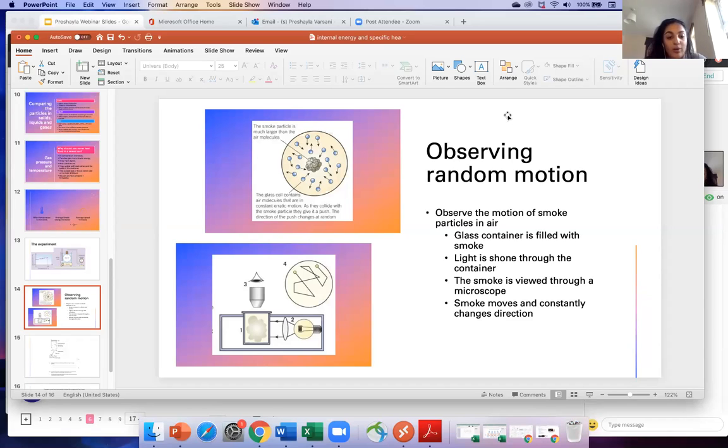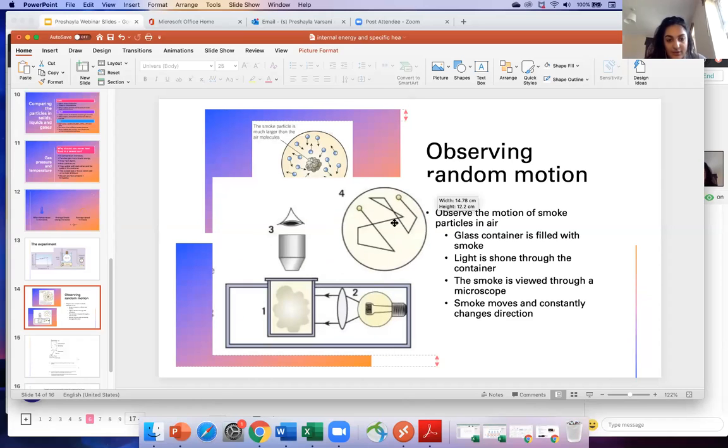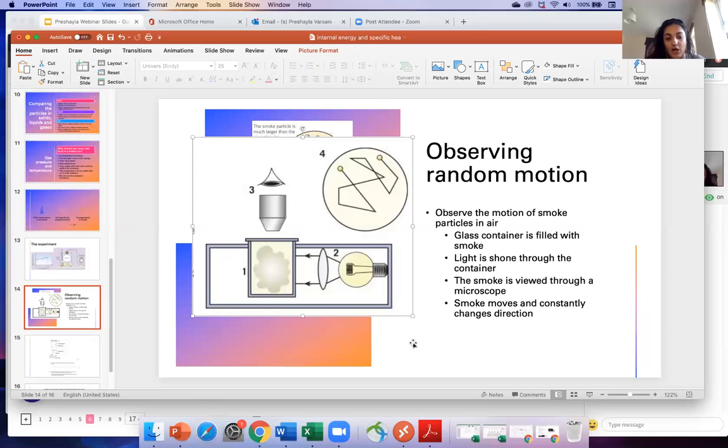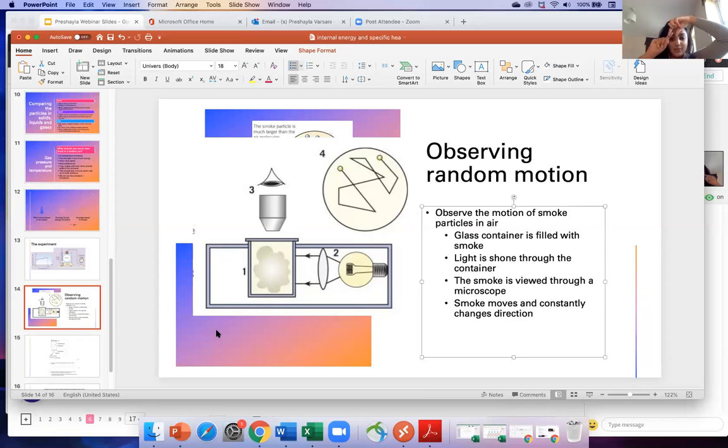So what we do is we take this kind of diagram here. So this diagram shows a glass cell which is being shone on by a light bulb. Okay, so we've got a glass kind of container here, completely see-through, and we fill that container with smoke. So we fill it with some smoke and we shine a light through the smoke. We then point our eye into the microscope, which allows us to see inside of the glass container.